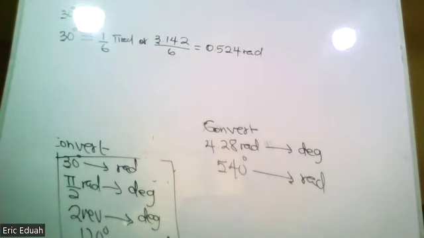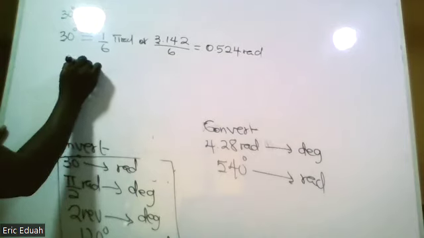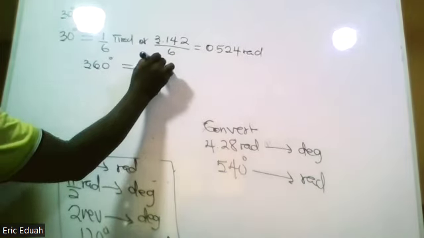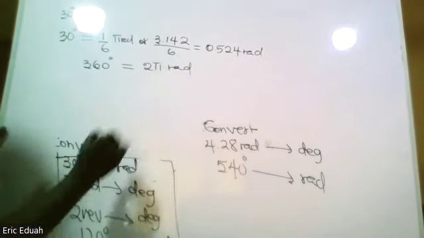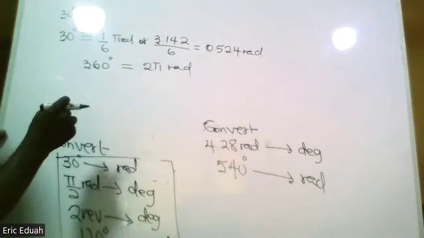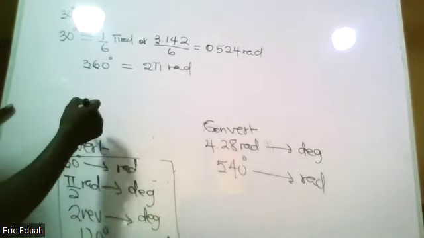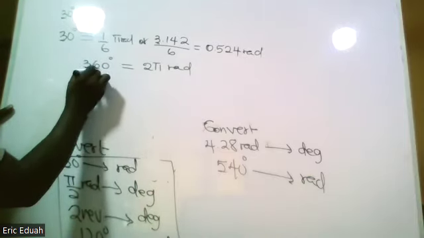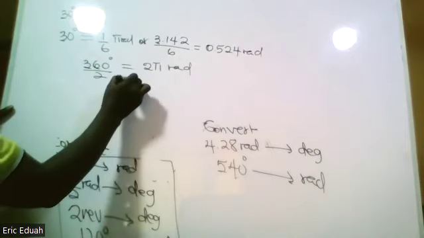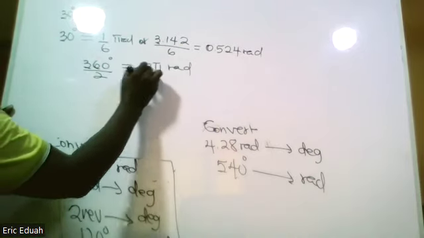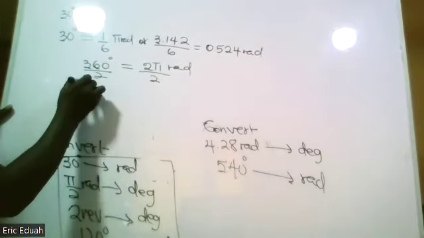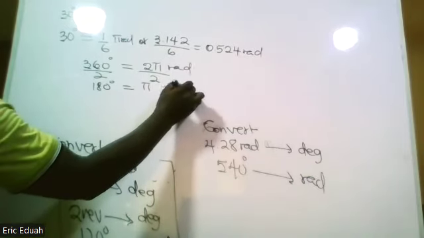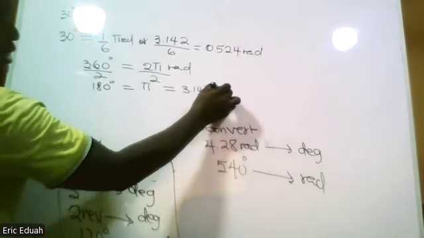Now I want you to explain it. Okay, explain again. You see, 360 degrees equals 2 pi radian. Even if you should do it gradually, if you divide this by 2, you have 180, and this will also be divided by 2. So 180 degrees equals pi radian, which is also 3.142 radian.